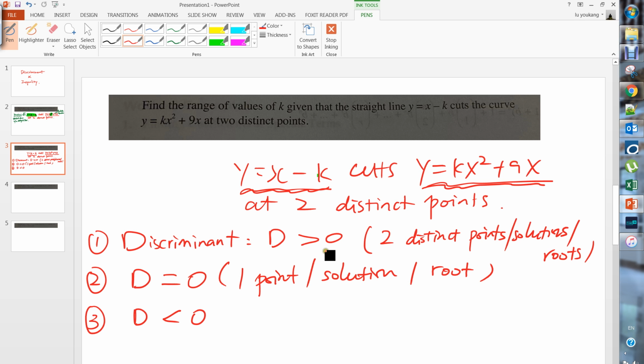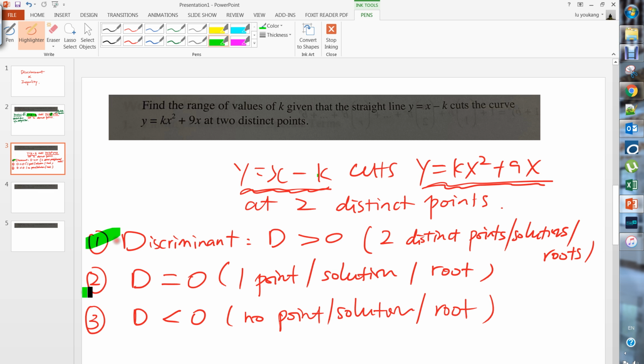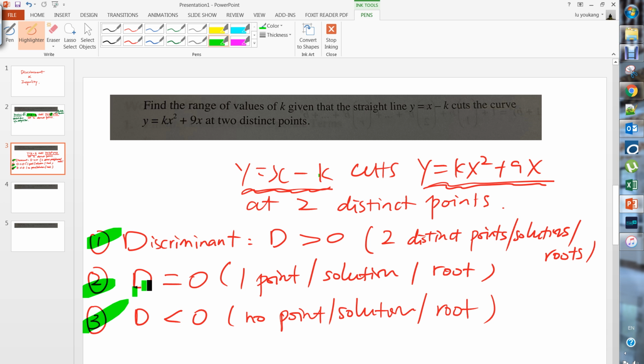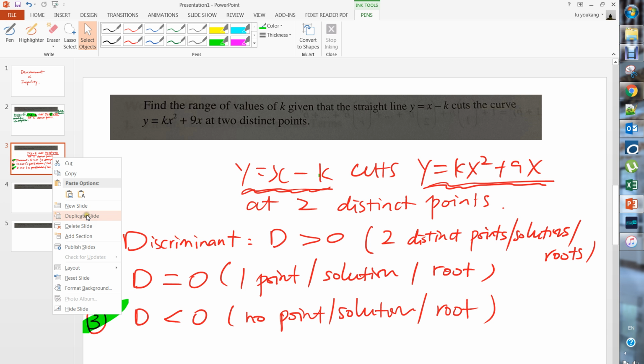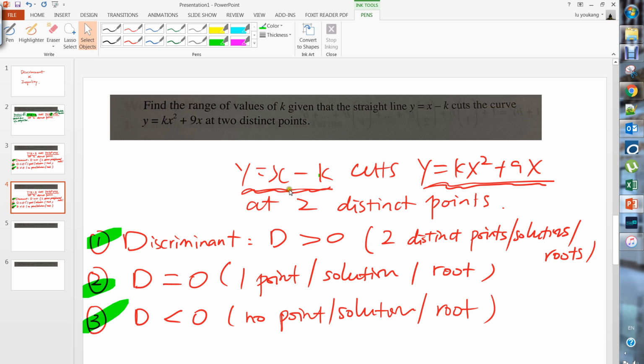And for case 3, discriminant is smaller than 0, which means there is no point, no solution, or no root. Please bear in mind these three cases. I will use the next slide to do this question.